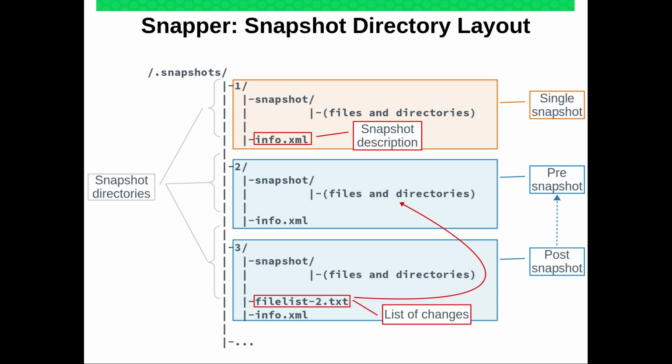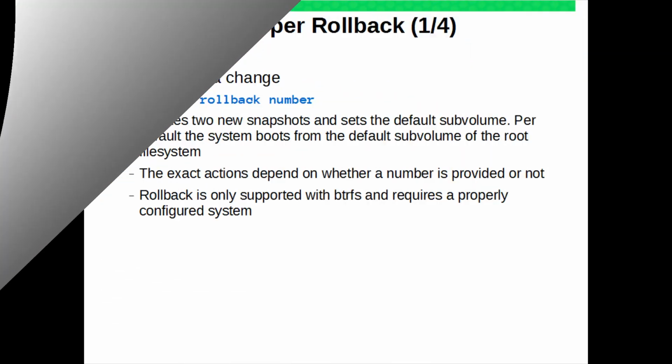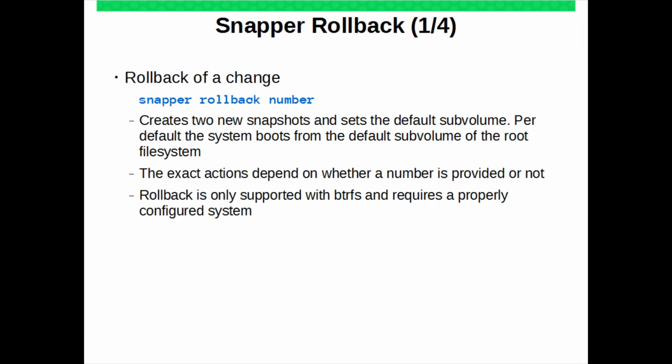We can then go into other snapshots, let's say the number 2 snapshot, and we can see any files and directories that have been modified or worked with, and so forth. This becomes easy to work with as you familiarize yourself with those directory structures and what each of those files contains. Now, having created snapshots and looked at different things, what about rolling back a change?